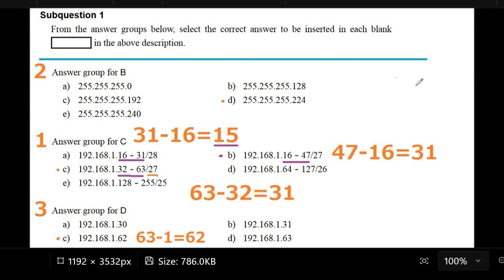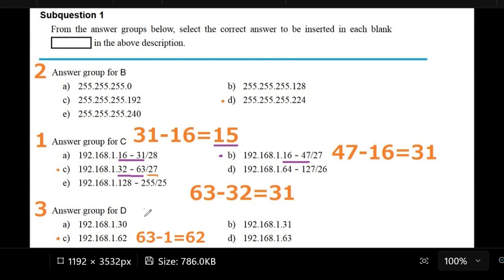The way to answer this is to read each and every question that we have to answer, because as you can see, I put here a number signifying that letter C, this answer group, should help us answer the previous question, answer group B. And then from this first answer group, we go to the third one, and that's how we can answer the question.